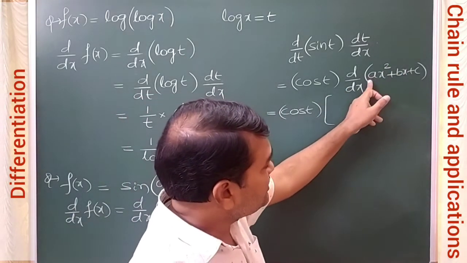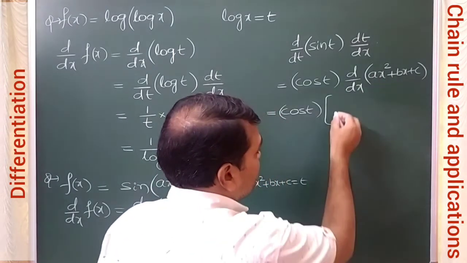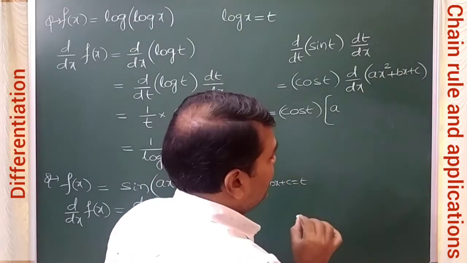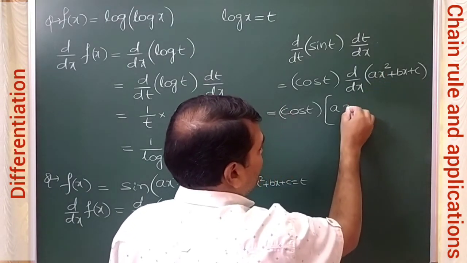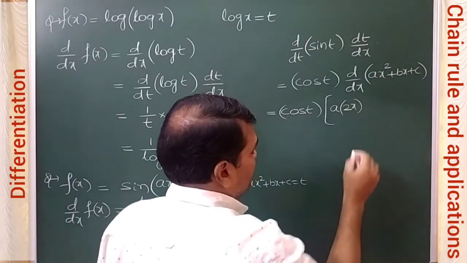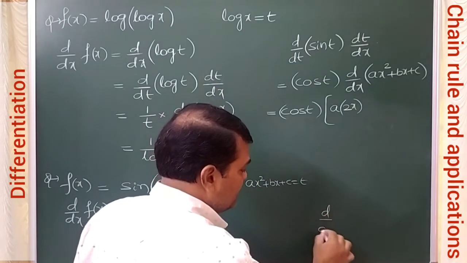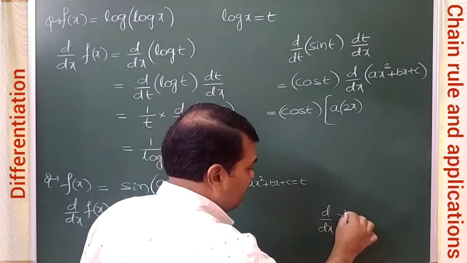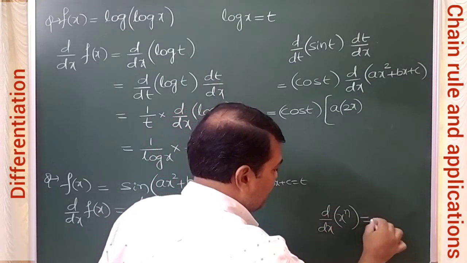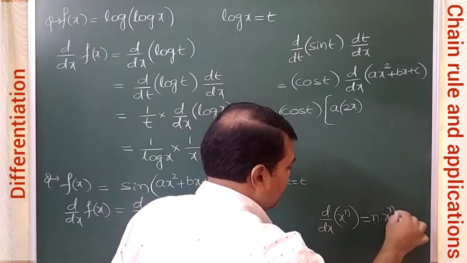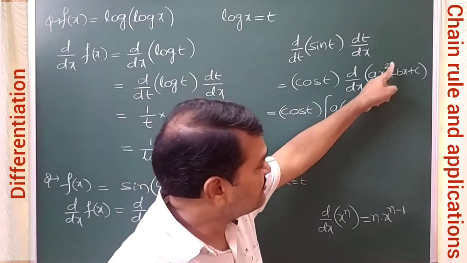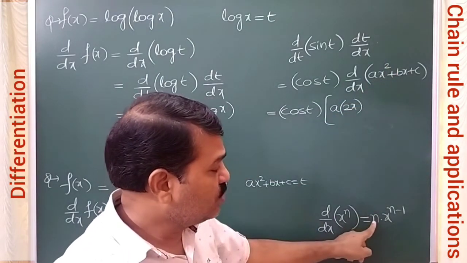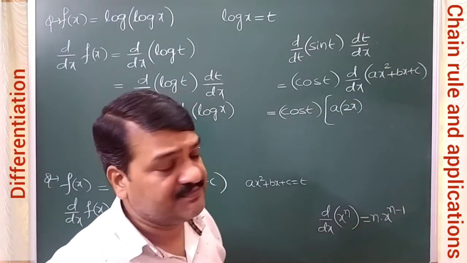When you have constant into variable, keep the constant as it is, and the derivative of x square is 2x. This is the formula we are using: the derivative of x power n is n into x power n minus 1. Use this formula. The derivative of x square will be 2 into x power 2 minus 1, means 2x.